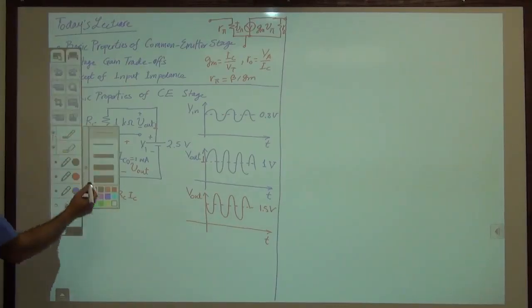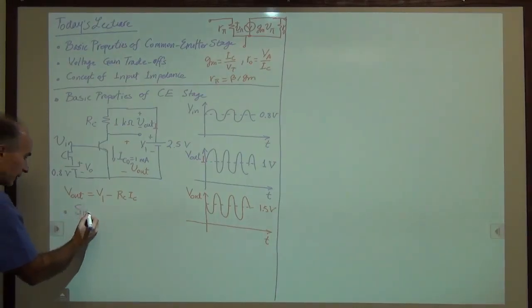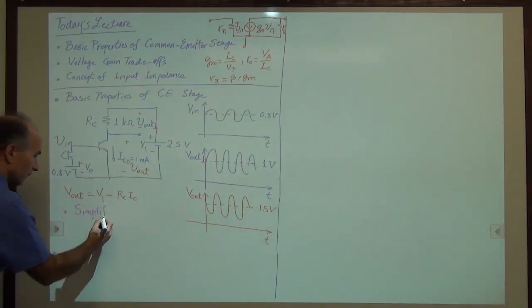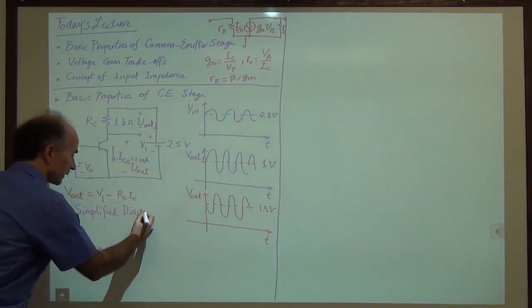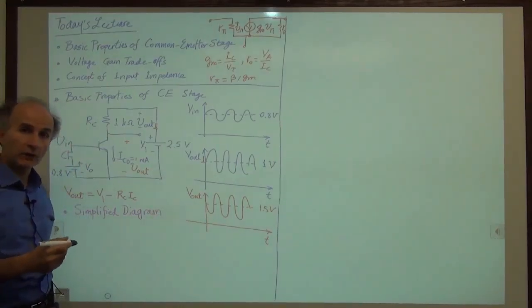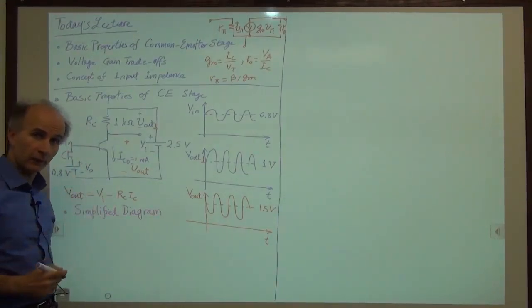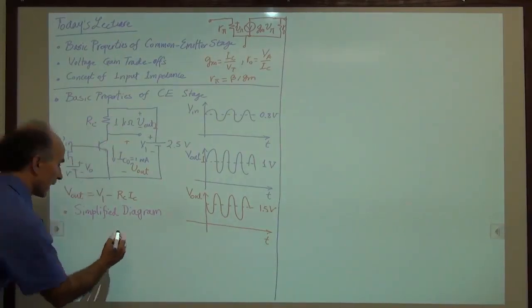Let me change the color of my pen and we'll see what this means. Simplified diagram. These are some conventions that you need to learn, because from now on our circuits will be drawn in the simplified form.